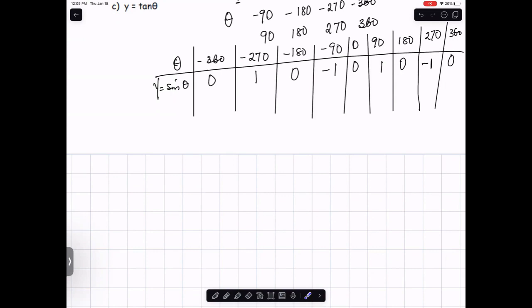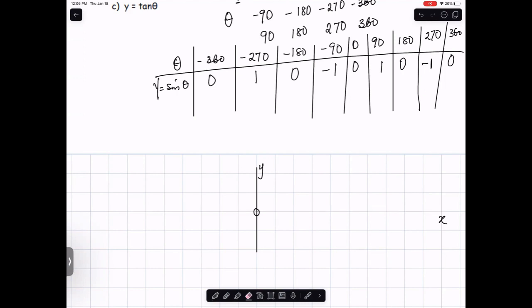So I have my graph here with my y-axis and the x-axis. So we have our values. 0 is here. We have our 90, 180, 270. I would like to space it a bit.